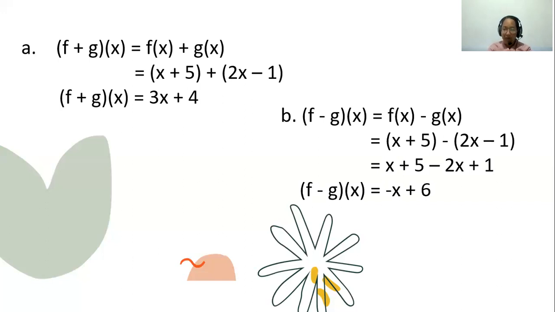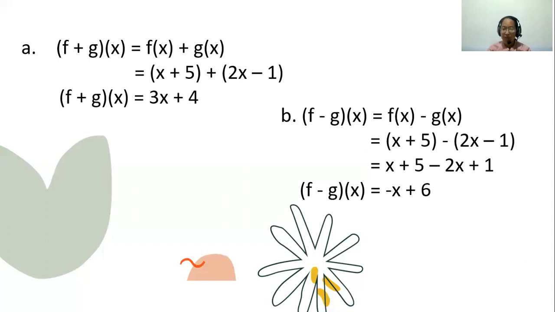It's very important that when you replace the second function, since it is preceded by a minus sign, you need to enclose it in parentheses. And then, you may now remove the parentheses.